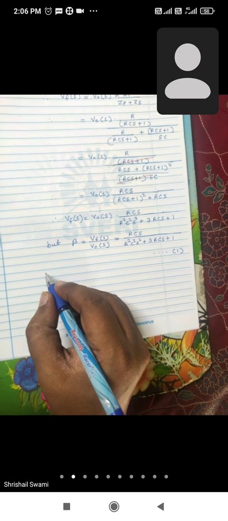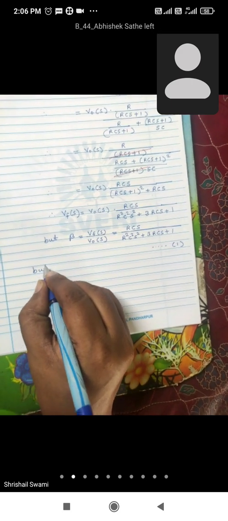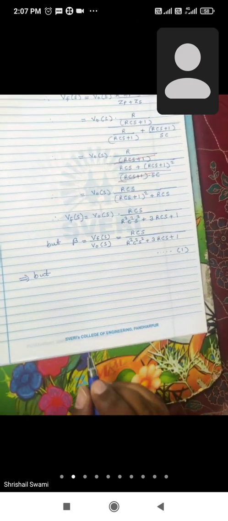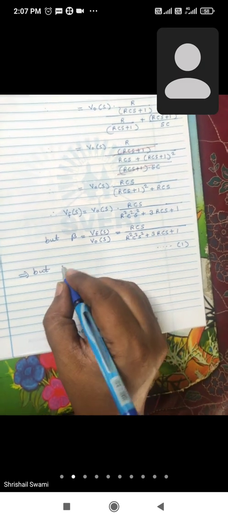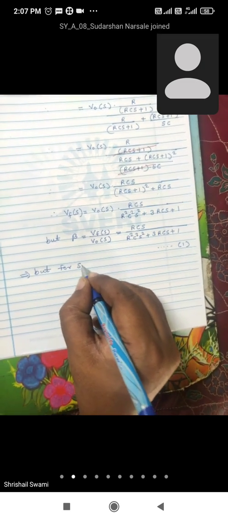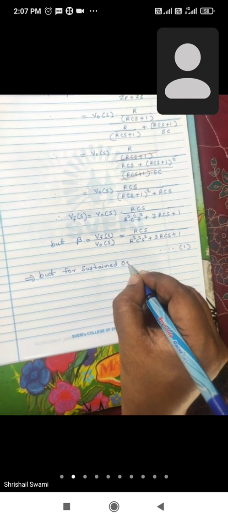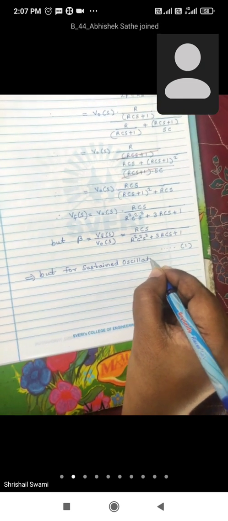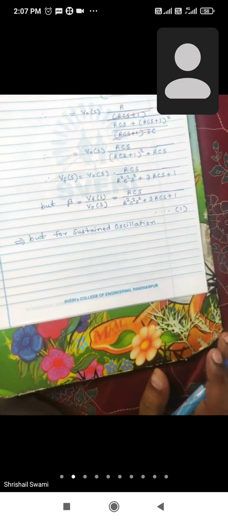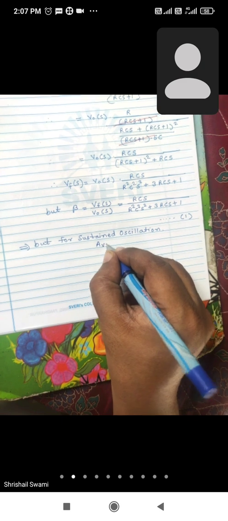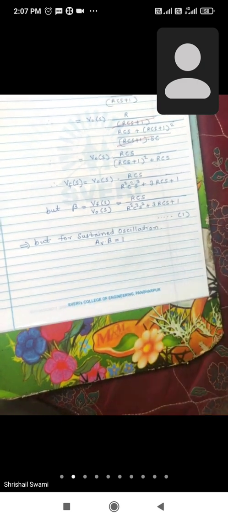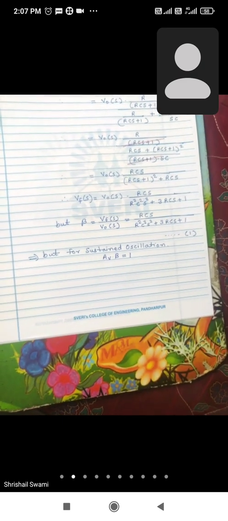Now here, the new step is there, but for sustained oscillation, AV into beta is equal to 1 according to the Barkhausen criteria.